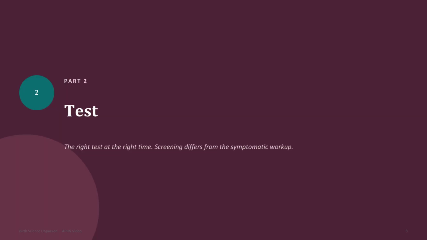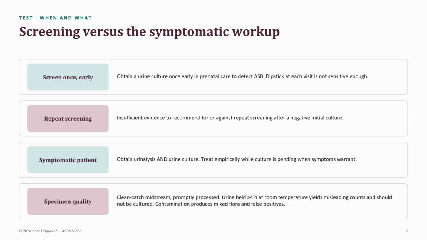All right, let's move on to part 2, which is testing. We're going to have 2 clinical situations: your routine screening and your symptomatic patient, but both call for different testing. Screening is 1 urine culture early in prenatal care.